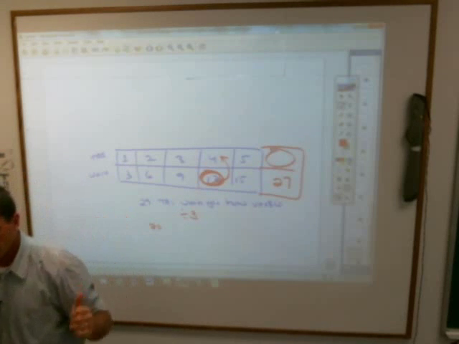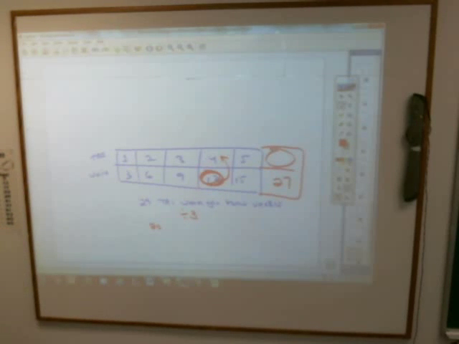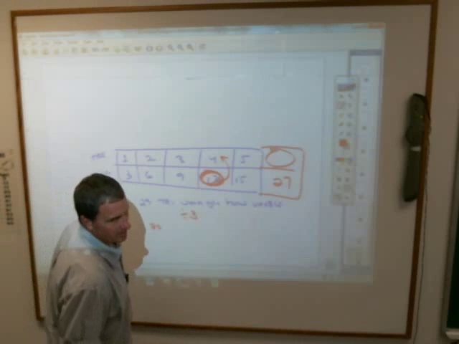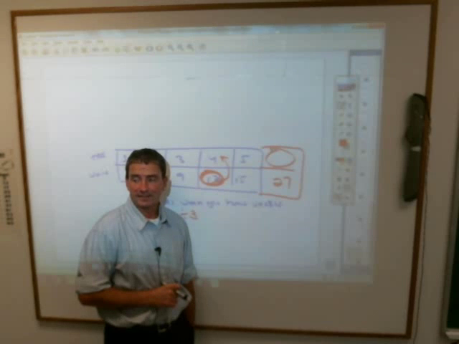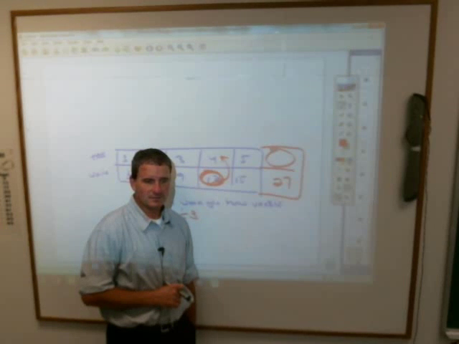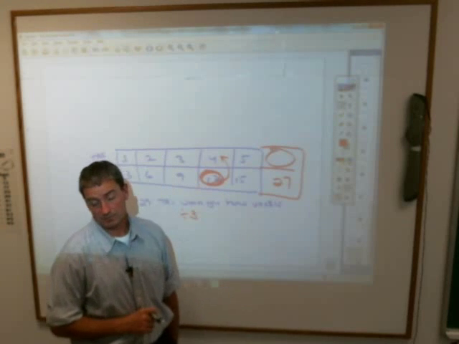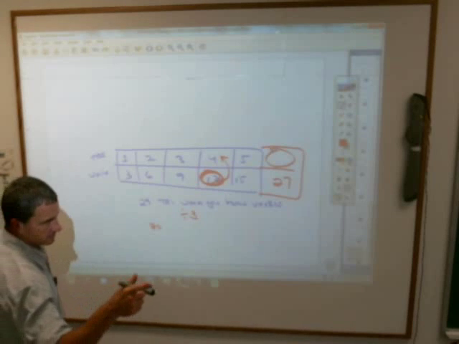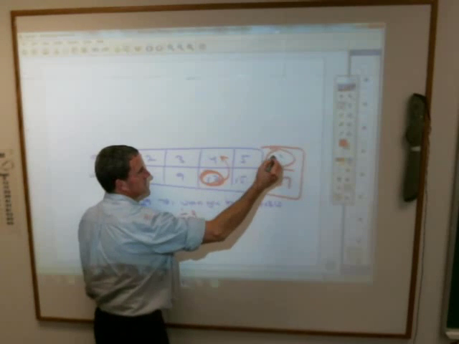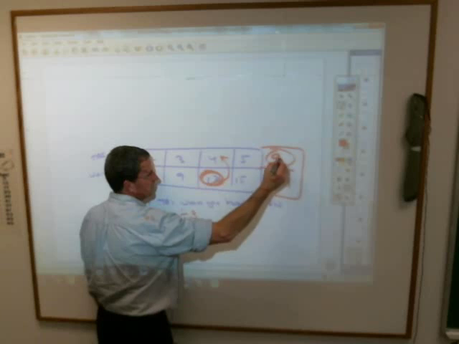You're close. We can work on our multiplication table. What do you think? 9. We have to do our multiplication and division.